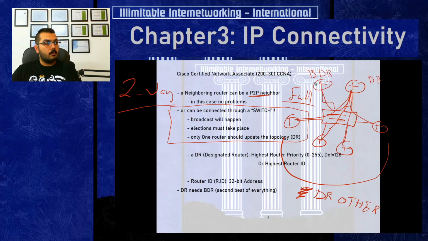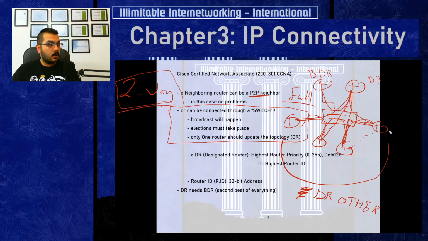Once this becomes a DR, it will also have a full adjacency between all of them. But for the two-way state, the two-way state happens only between the DR others themselves, whether they were directly connected through a physical link or connected through the switch, because the switch is a layer 2 device, so it's acting just like a connection in the middle.